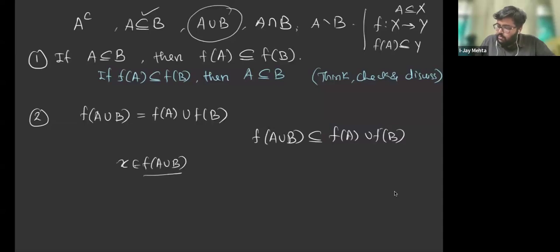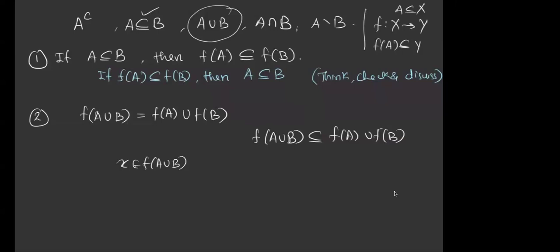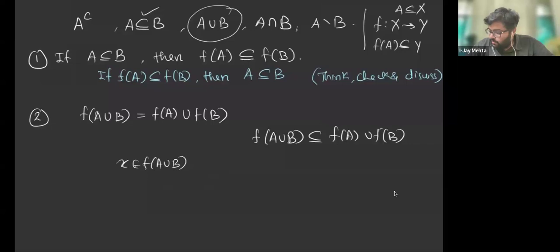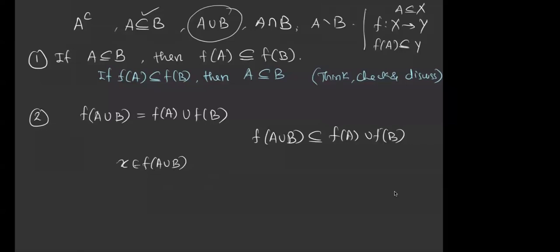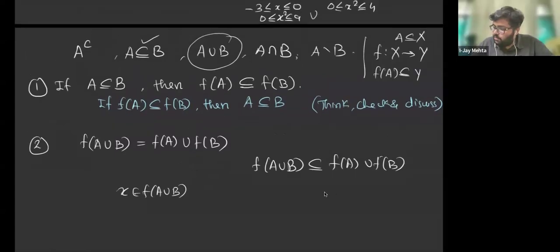But F of A union B is a subset of which set? If F is a function from X to Y, then it is a subset of the codomain. Yes, codomain is Y. F is a function from X to Y, so all these images are subsets of Y. Do you agree, Sumanyu? Yes, sir.